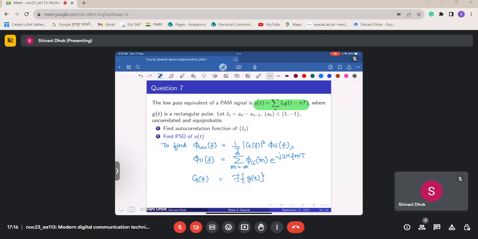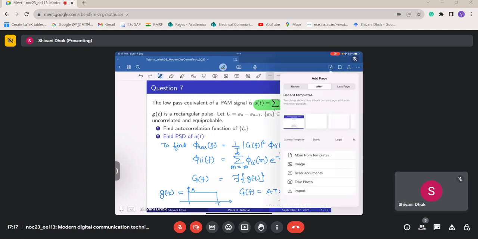Now here this g(t) is nothing but a rectangular pulse, and for the rectangular pulse, let me write the equation. Let's say it is of this form, A for 0 to T, and for this G(f) is equal to AT sin(πfT)/(πfT) times e^(-jπfT).